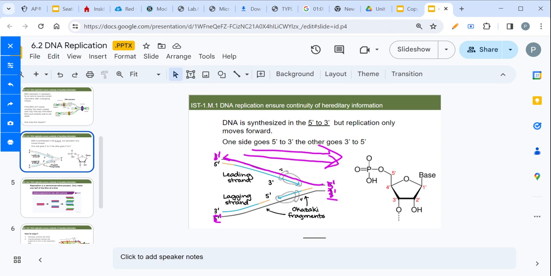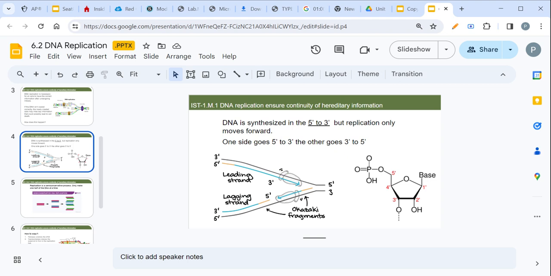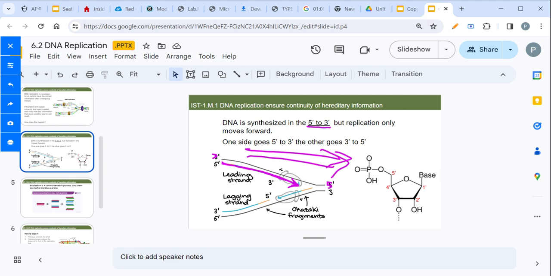Let me pause for a second, because I feel like I'm going to throw you all off. The 5 prime to 3 prime is over to here, so it's going in this direction. Everything is being done 5 to 3. Here's the 5 over to here, here's the 3 over to there. It's moving in this direction. We're going this way. So here's the 5 prime, 3 prime.